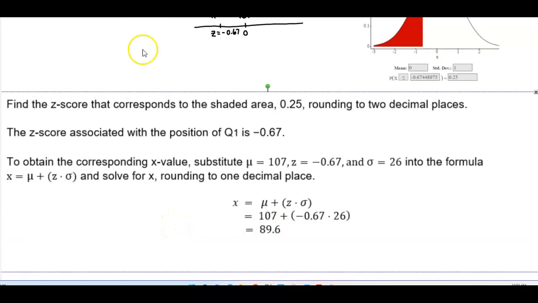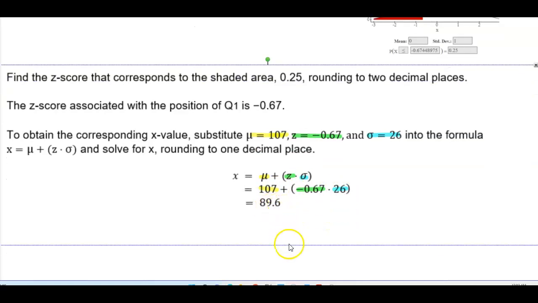So we're going to plug in the value of the mean, which is 107, plus the z-score, which is negative 0.67, times the standard deviation. Using order of operations, we take negative 0.67 times 26, and then add 107, which gives us 89.6.